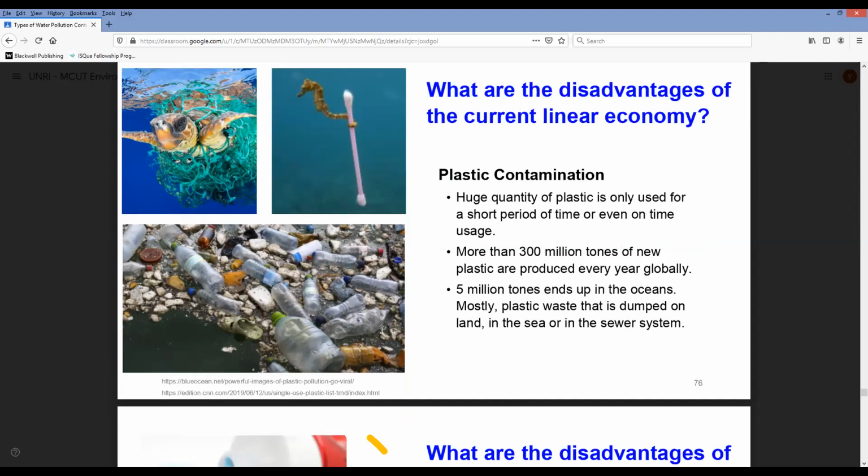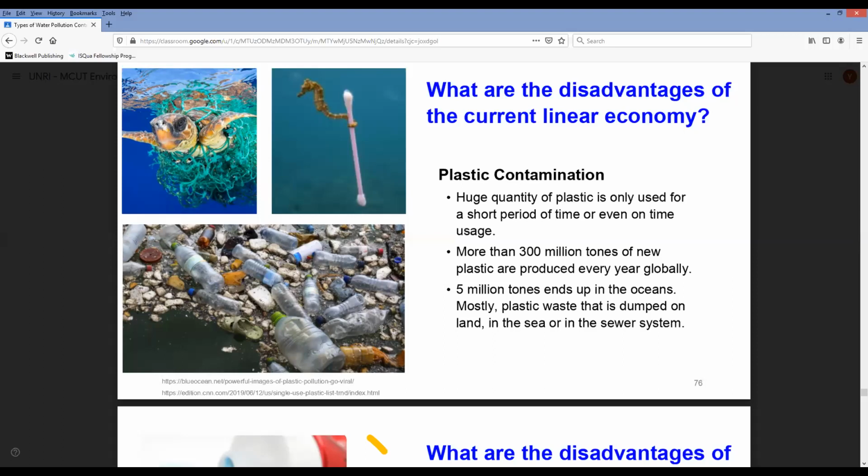As you can see from this picture, I think everybody has seen it in the news. On the left, there's a turtle that has been trapped by plastic. At the bottom of the picture, there are so many plastic bottles in the river or even in the ocean.